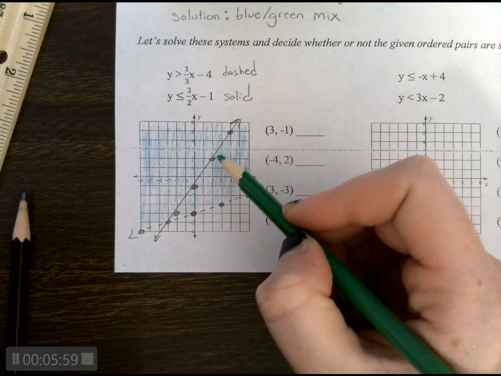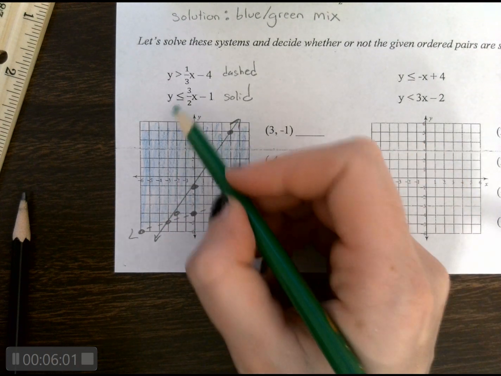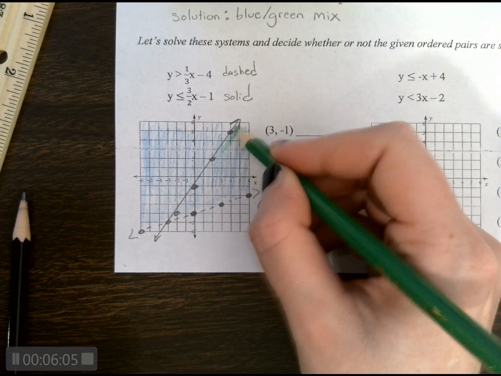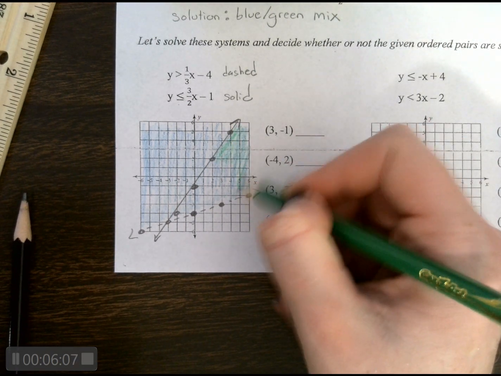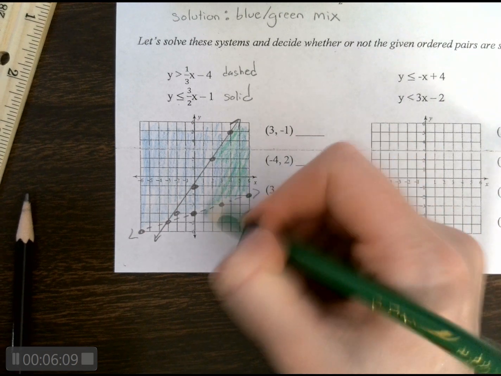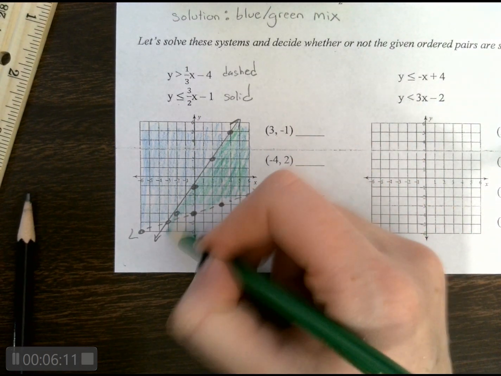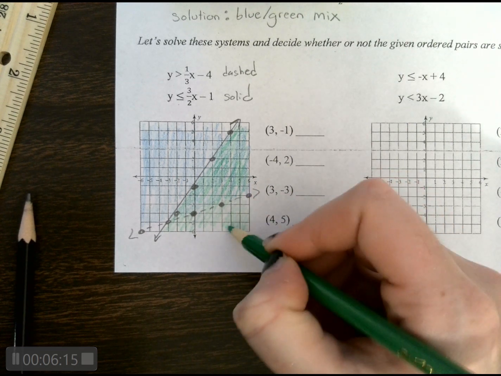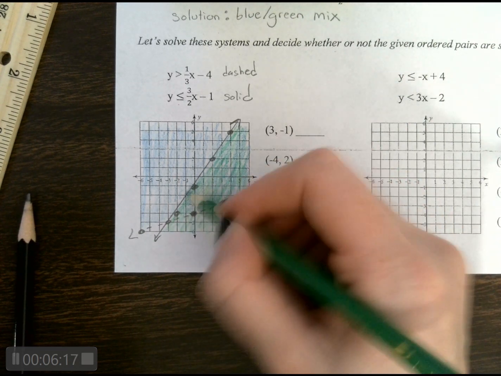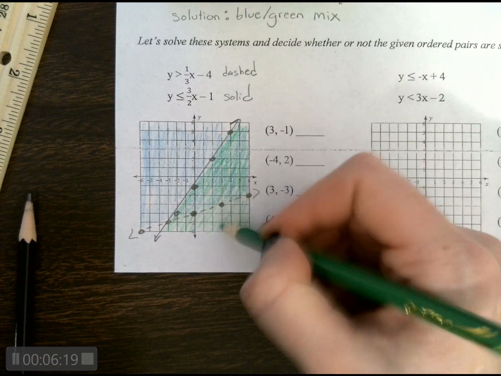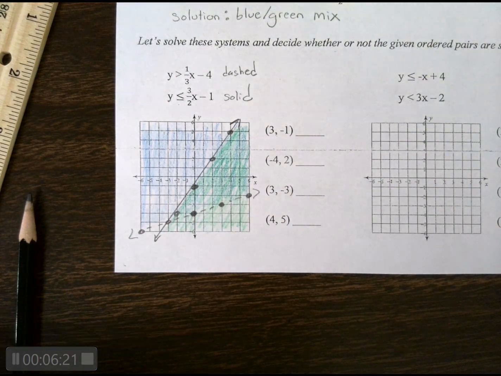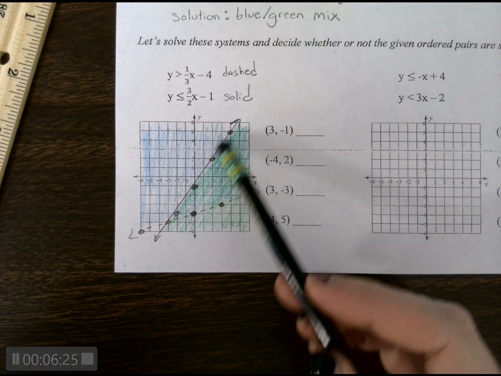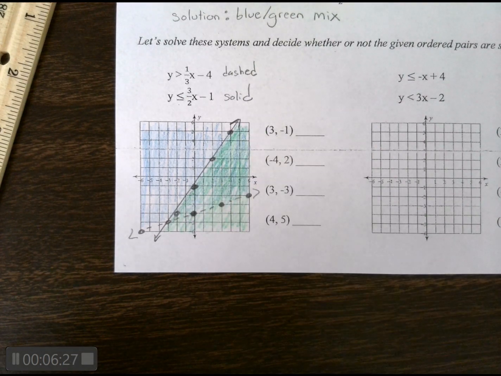We're going to shade everywhere below this line because the alligator is eating the line. So to shade below this line, we just shade everywhere below this line, and ignore the other line for now. Just shade like it's not even there. So now we have our blue-green solution right here.